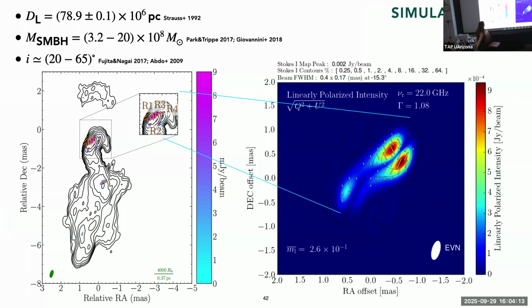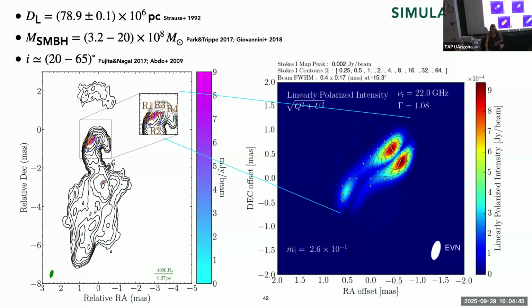So for 3C84, another laser, even though it looks like a radio galaxy, we had an observational component here in 22 gigahertz, and in the observations in linear polarization, we saw an edge brightened polarization and bimodal pattern in the electric vector position angles. We also see a jet bending, so we try to reproduce that as well.